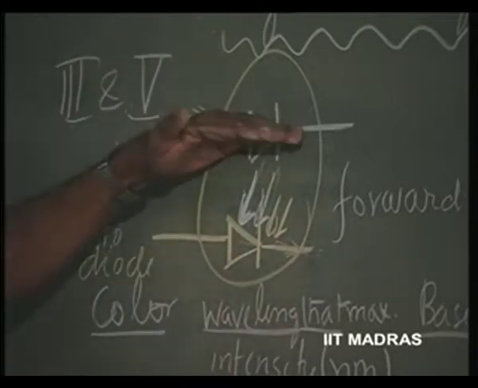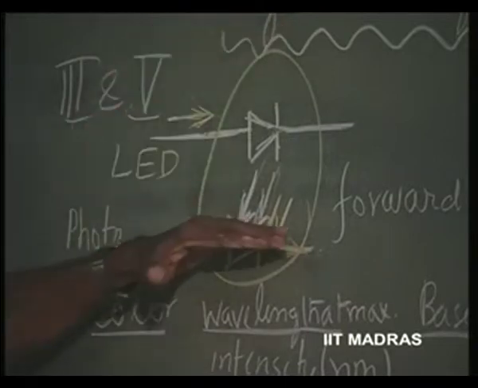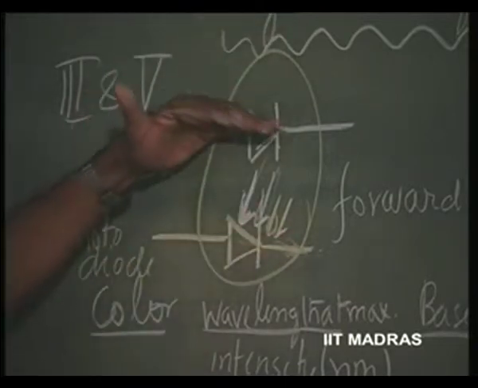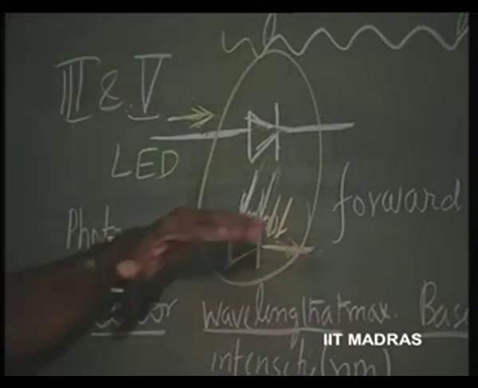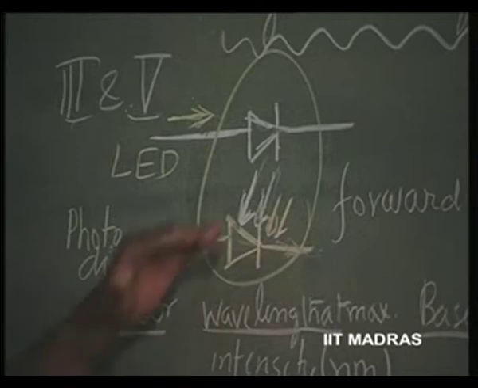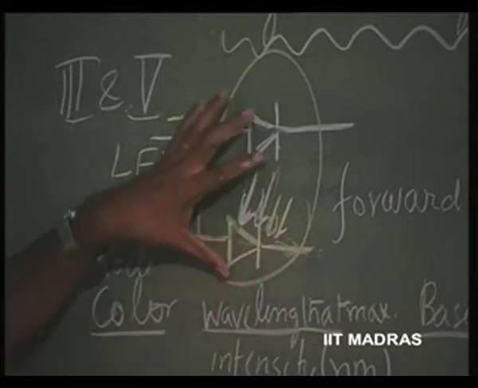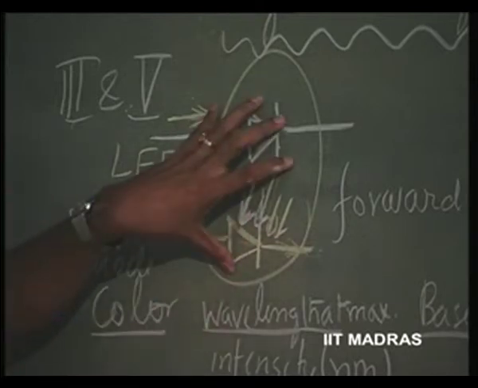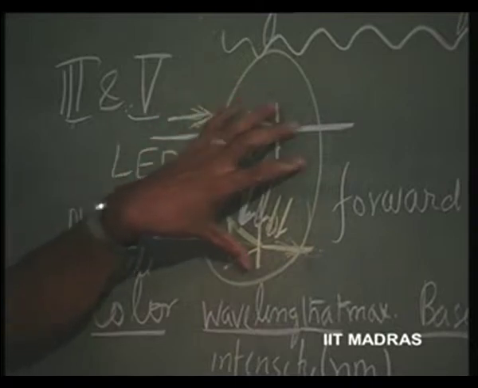So, this can be in one circuit and this can be in another circuit. This can be in, let us say, a high voltage circuit, this can be in the low voltage circuit, which is measurement circuit. So, this is an isolator, this is an opto isolator.